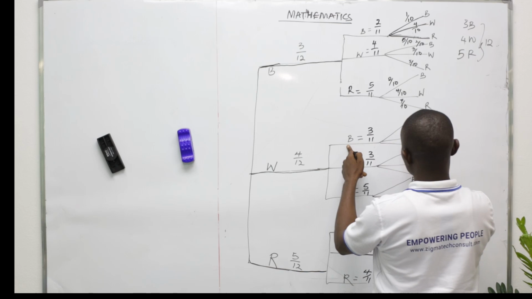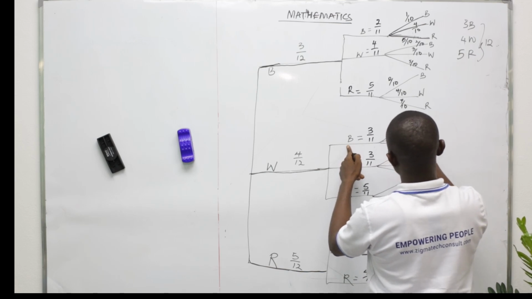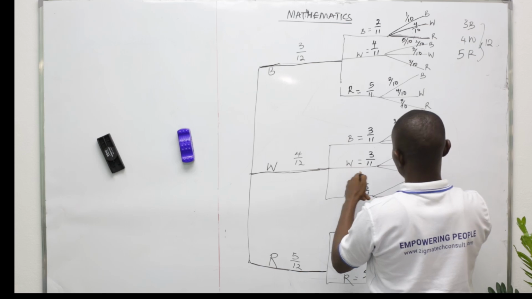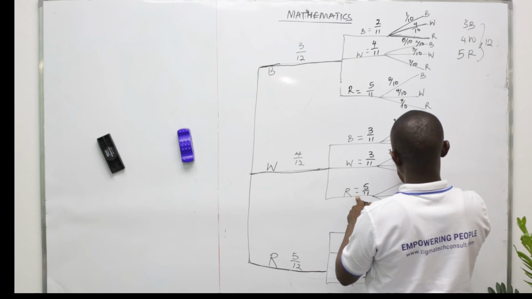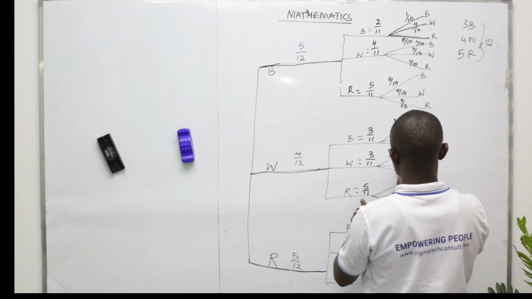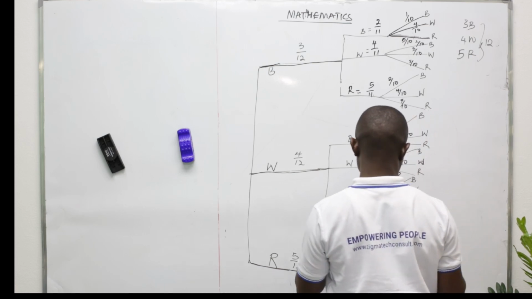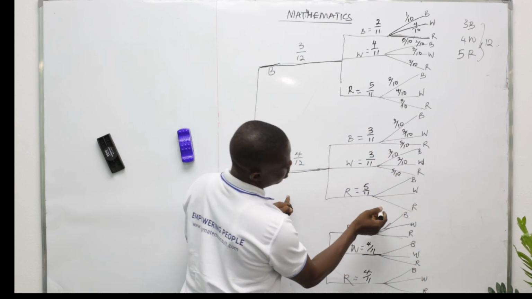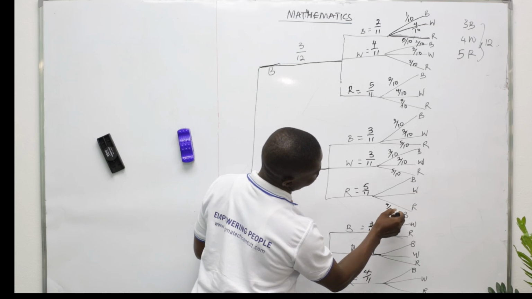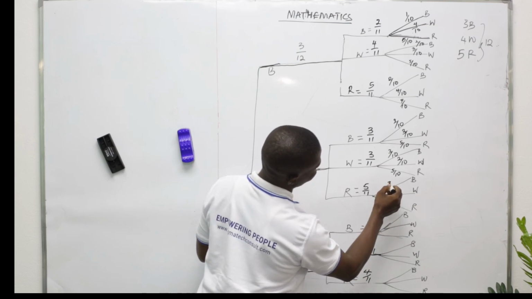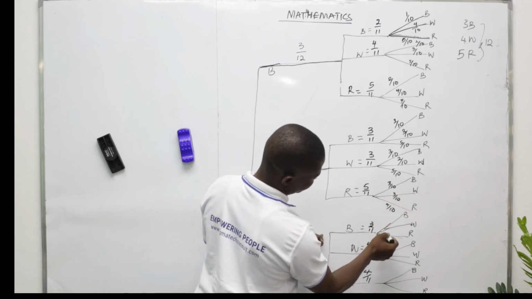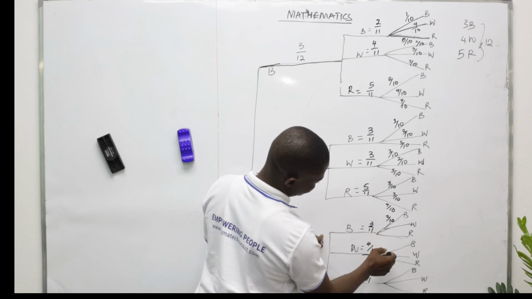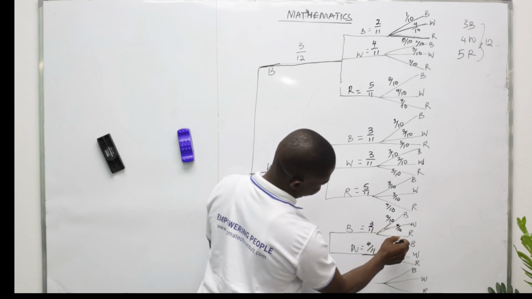So the owner here now is black, so numerator and denominator affected. The rest, only the denominator. The owner here is white, so numerator and denominator affected, the rest only the denominator. Then here, the owner is red, numerator and denominator affected, the rest only denominator. Likewise here, the owner is black, numerator and denominator affected, the rest only denominator.